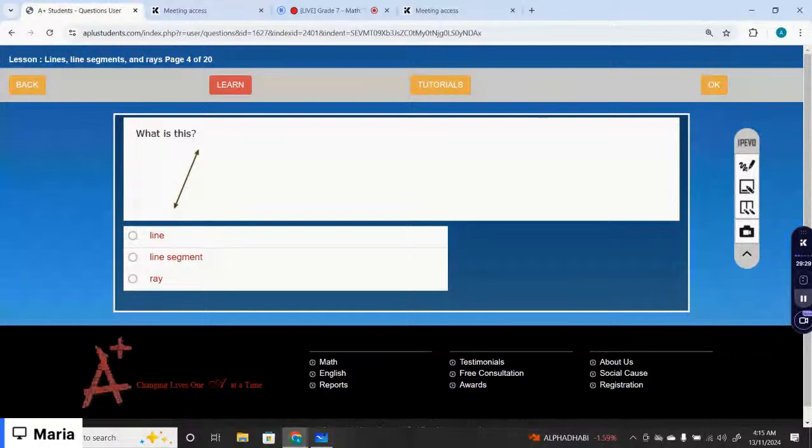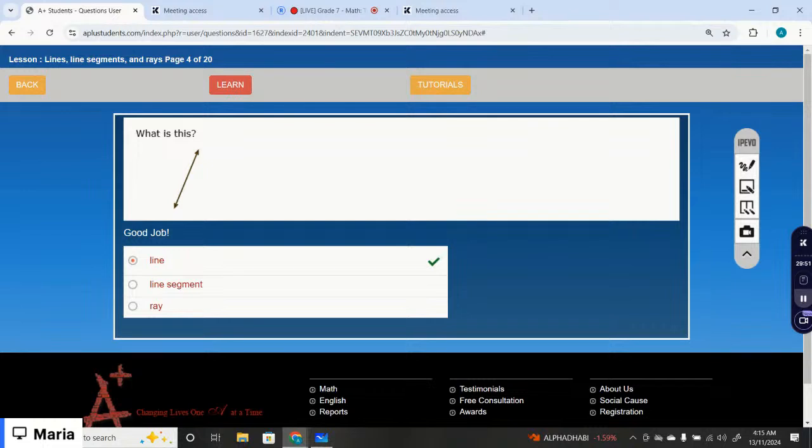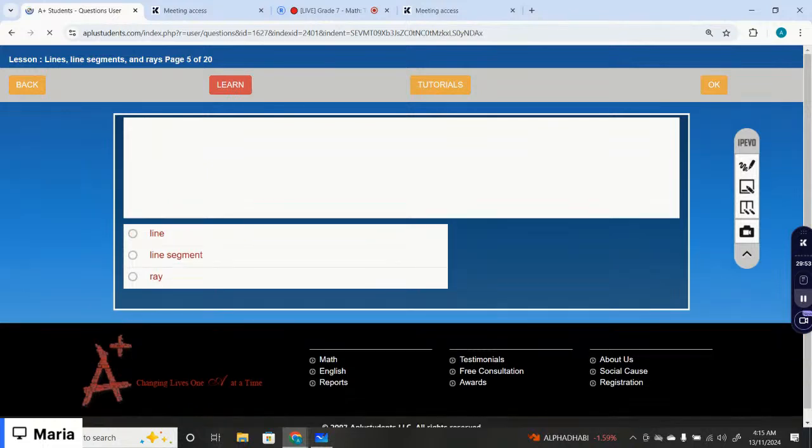What is this? That is a line. Option number one is the correct option. What is this? Which is the correct option?